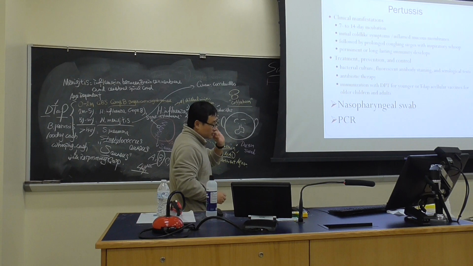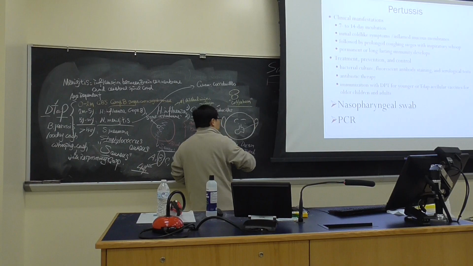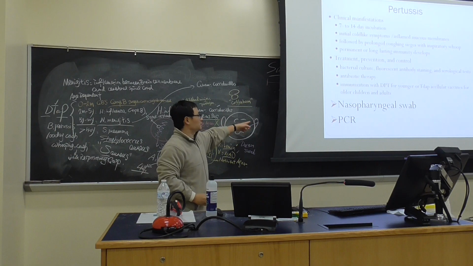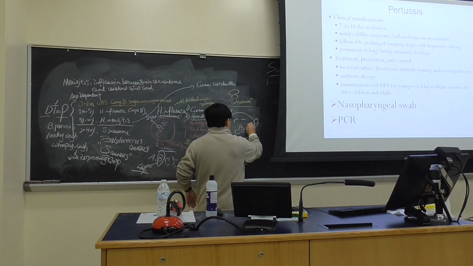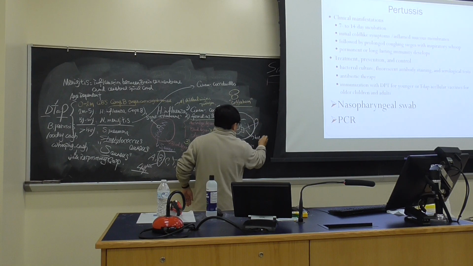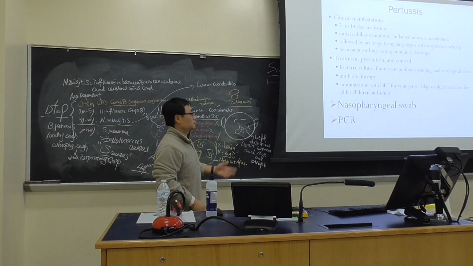But how deep should it go? The doctor has to measure the distance between the nose and the earlobe. They need to go in half that distance. So that's very special.